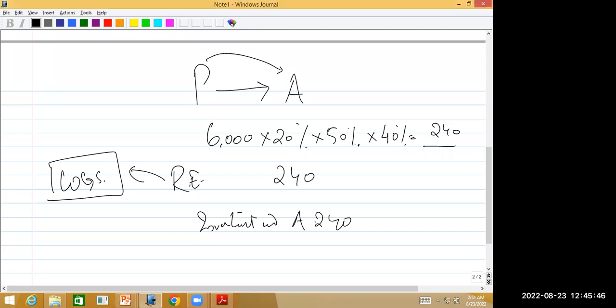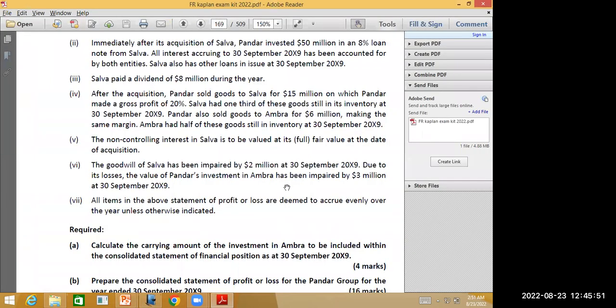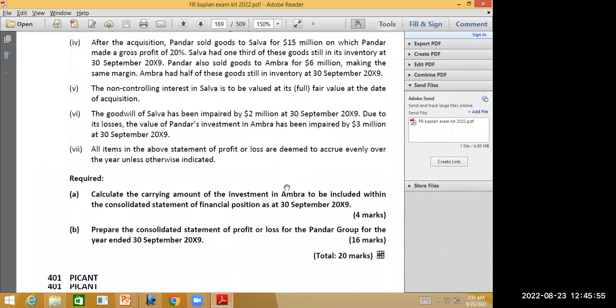Yes. When we prepare the statements, in the income statement we need to adjust the cost of sales, and in the balance sheet, 240 will be adjusted against the investment in associate.